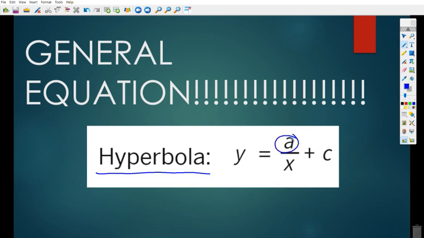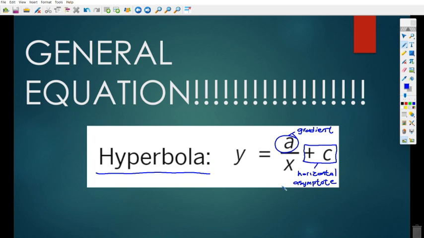The a is my gradient, and my c value this time is no longer my y-intercept like in my parabola and my straight line, but now it's my horizontal asymptote.